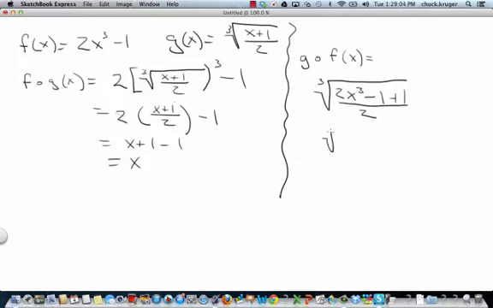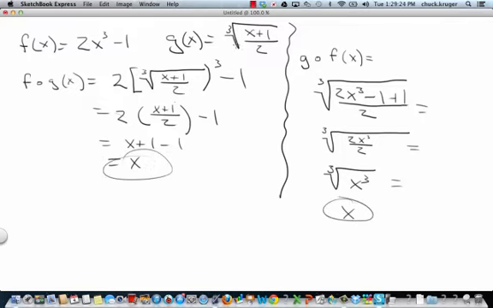So that's going to give me the cube root of 2x cubed over 2, which is the cube root of x cubed, which is x. And so in both cases, I get x, so these are inverses of each other. All right.